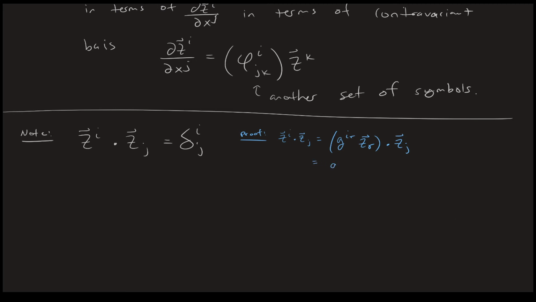Which is equal to g i r times z r dotted with z j, which is g i r g r j, and that's a matrix times its inverse. I'm going to get delta i j because these are matrix inverses.